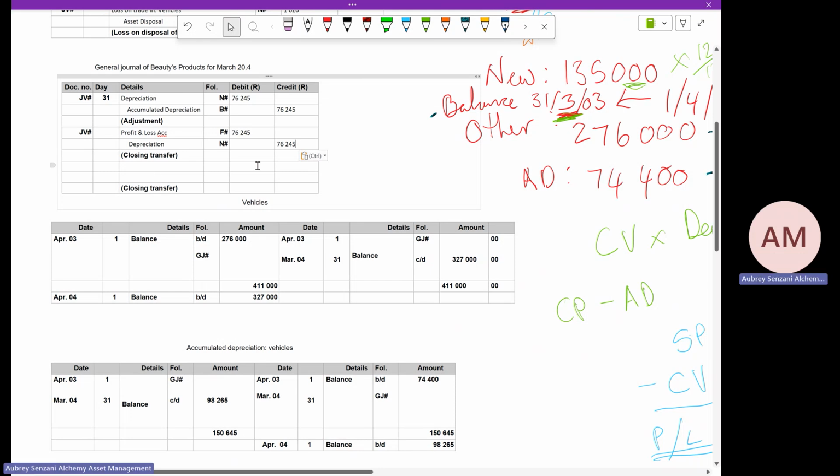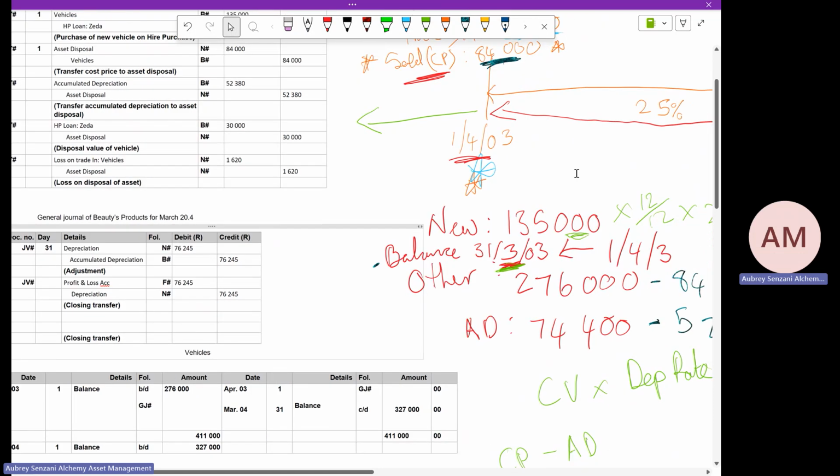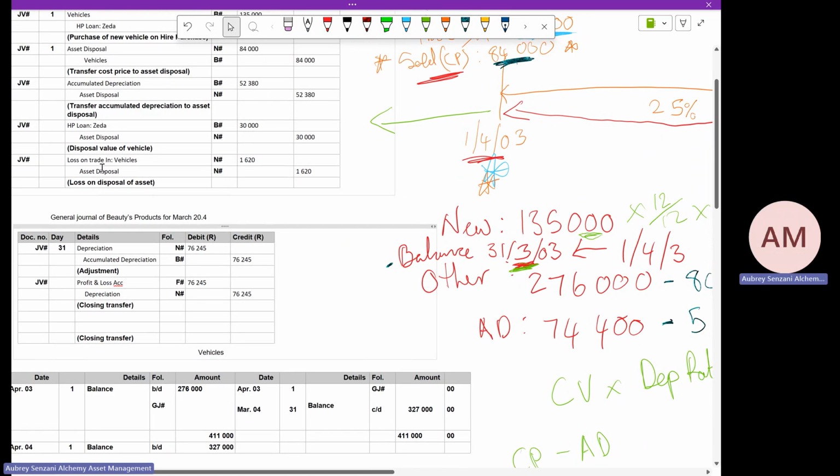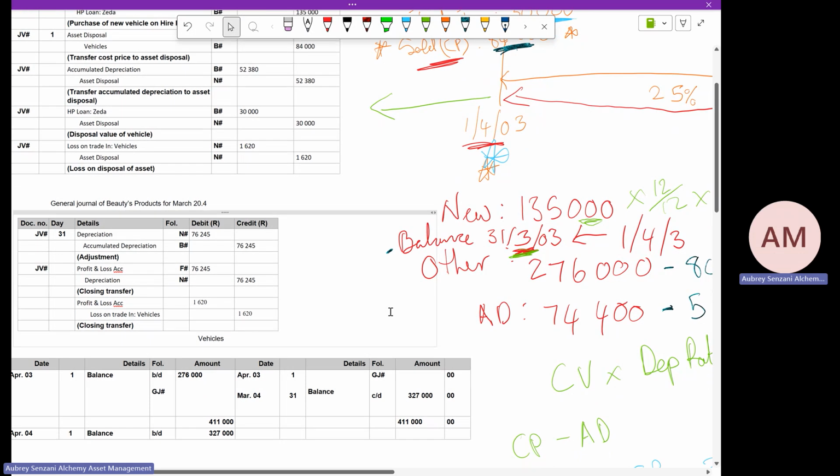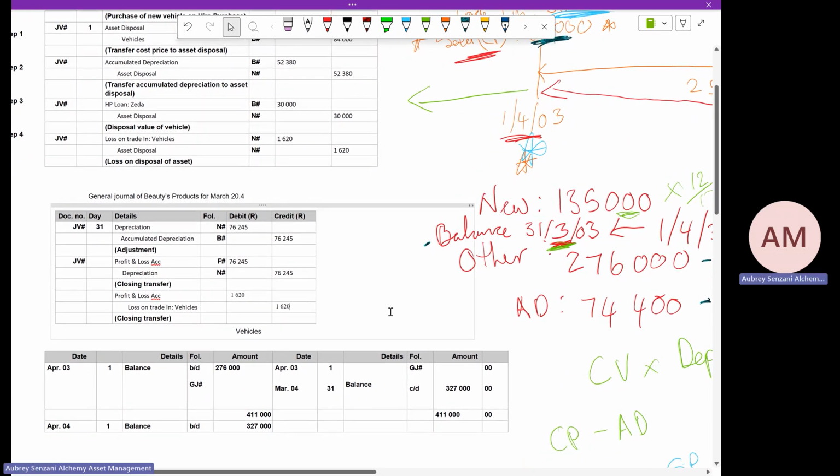Because remember, we disposed of an asset on the first day of the financial year. It's now this loss account here that we need to close off. So here you can see we debited loss on vehicles. This time we need to credit loss on vehicles, and therefore we need to debit profit and loss account. So to close it off, here it'll be 1,620, and here it'll be 1,620, and we're done with the general journal.